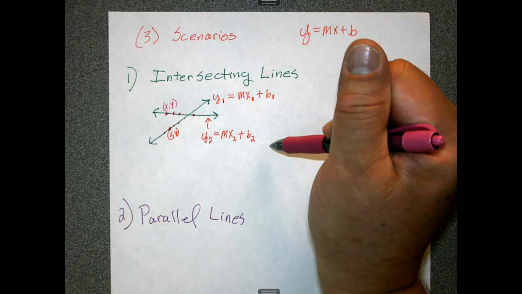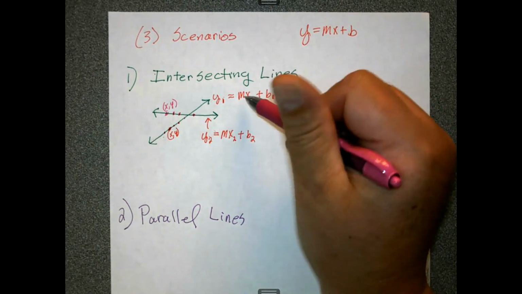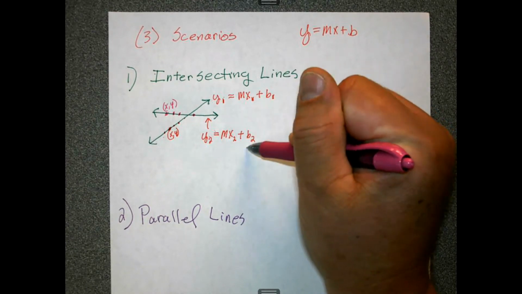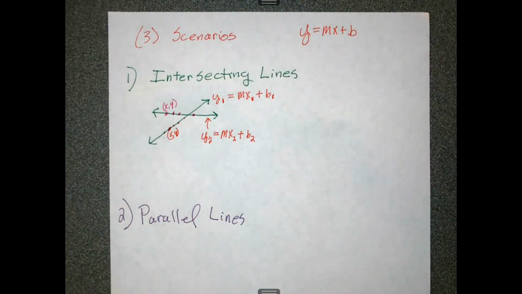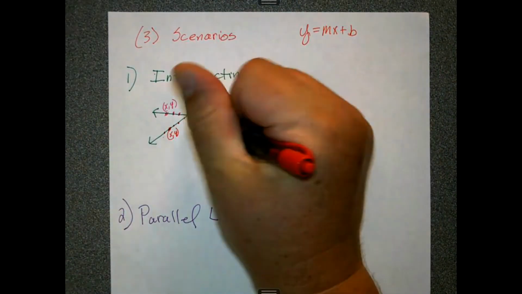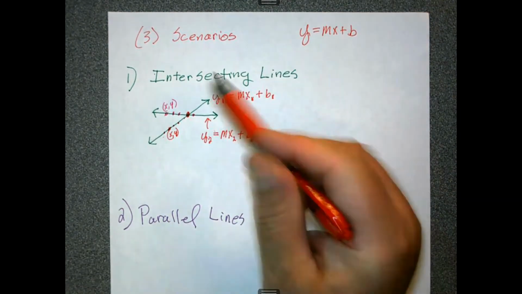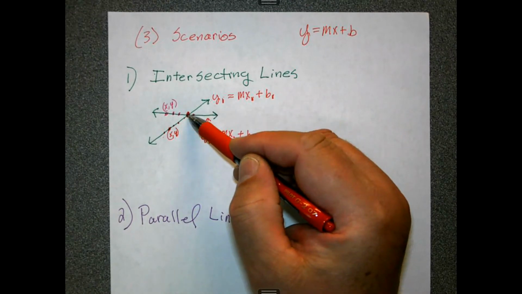So with systems of equations, I want that point that works in both of these at the same time, which is going to happen to be the intersecting point. In fact, thinking back to geometry, when two lines intersect, they have exactly one point in common, right?